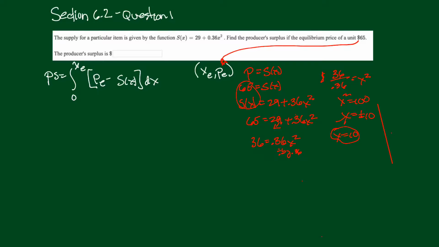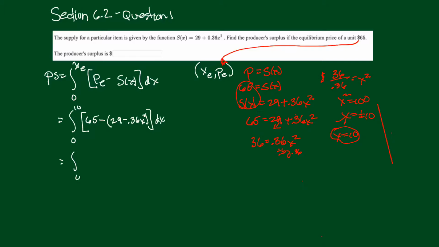So now, back over here on the left, we are ready to evaluate this integral. We're going to go from 0 to 10 of p sub e, which is 65, minus the quantity, 29, minus 0.36x squared, all that dx.